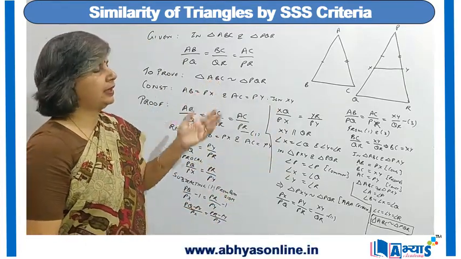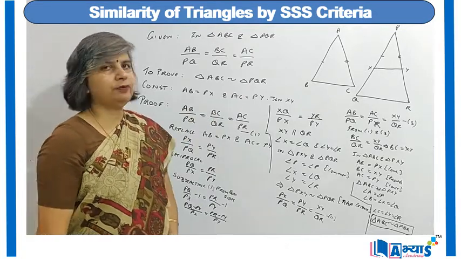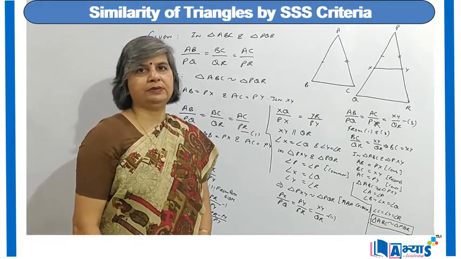So we can say that triangle ABC is similar to triangle PQR. So hence we have proved that by SSS criteria two triangles are similar.